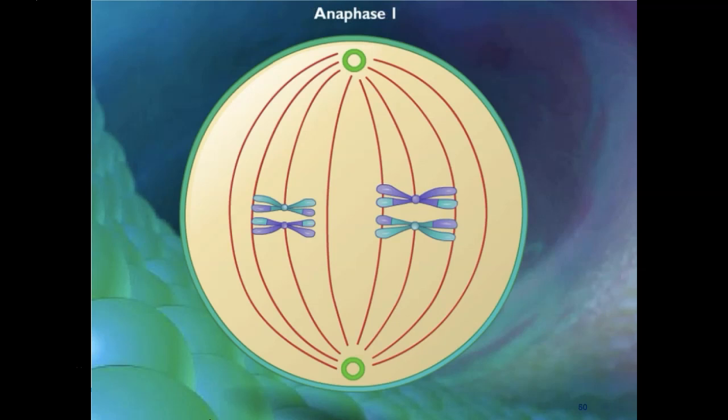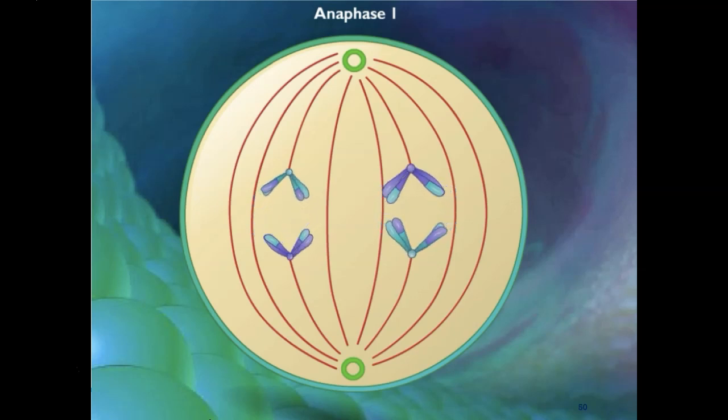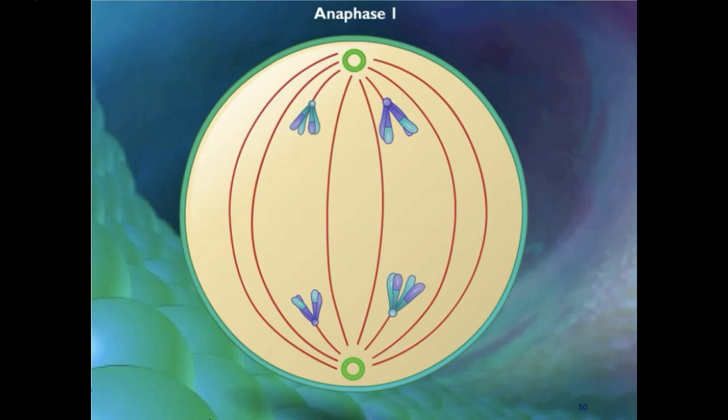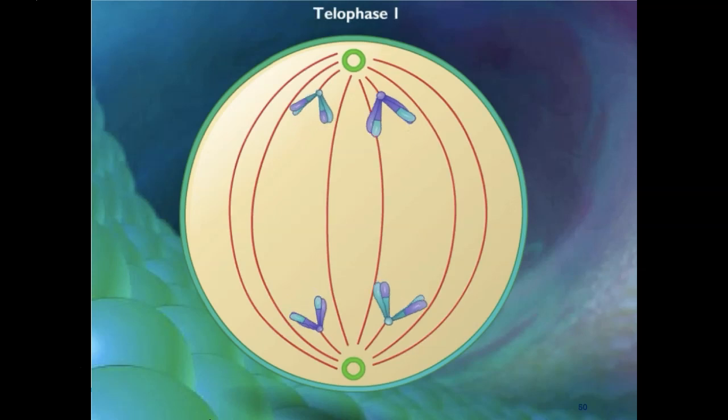In Anaphase I, the spindle fibers shorten and pull the homologous chromosomes to opposite poles. The sister chromatids do not separate. Each chromosome still has two chromatids. At each pole, there is a complete haploid set of chromosomes, consisting of one member of the homologous pair.